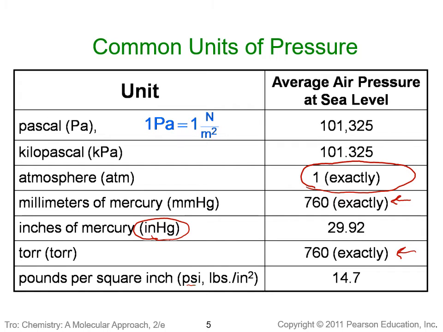You also are probably familiar with pounds per square inch because this is a unit that we use for inflating tires or other things like that. The conversion that is really important to know is the millimeters of mercury and torr. So these would be handy ones to remember, converting into atmospheres.